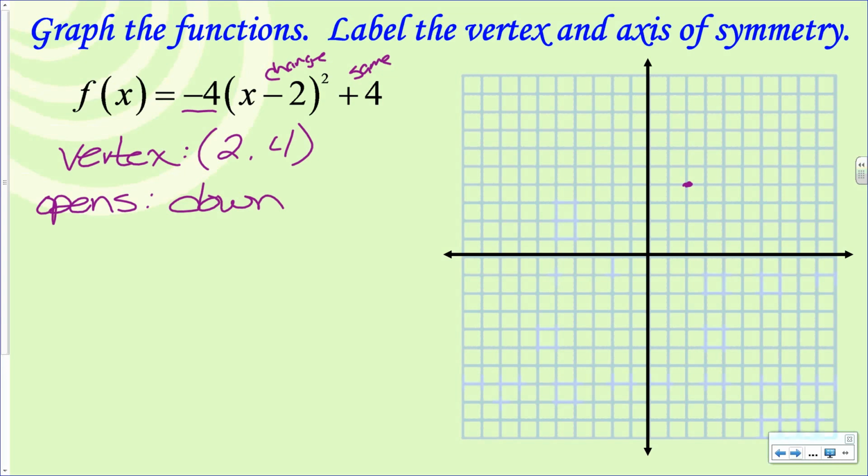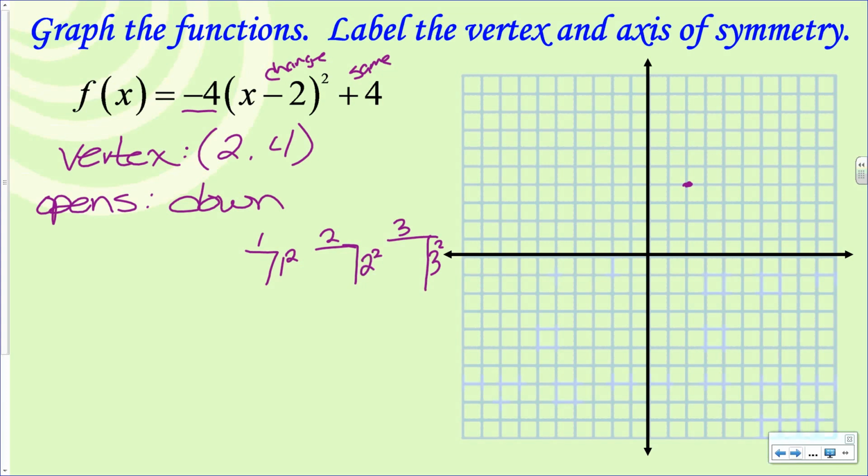The negative 4, although yesterday with the number on the outside, still does the same thing. Normally we go over 1 and down how far? 1 squared, right? We go over 2 and how far down? 2 squared. Over 3 and down 3 squared, right? But what does that 4 in front mean that happens?